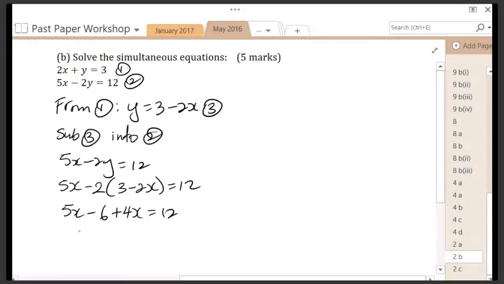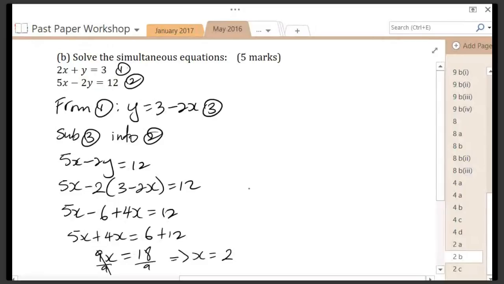This is 5x plus 4x is equal to, take the 6 across, 6 plus 12. 5 plus 4 here is 9x is equal to 18. Divide by 9, divide by 9. The 9s cancel, so x here is equal to 2. Okay? So we see x is 2, that's correct.